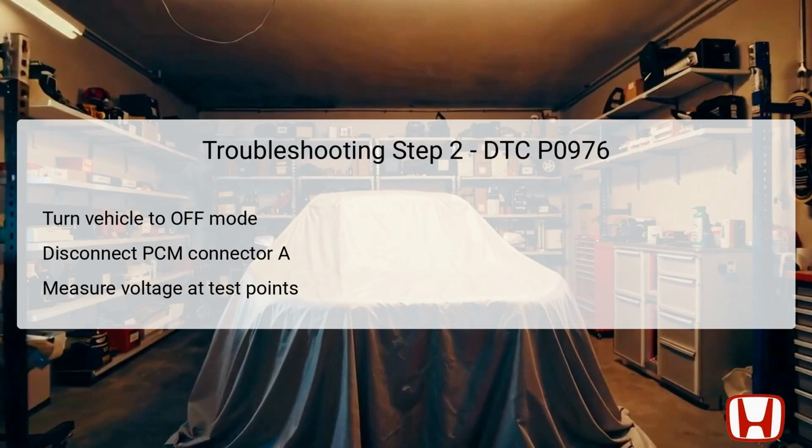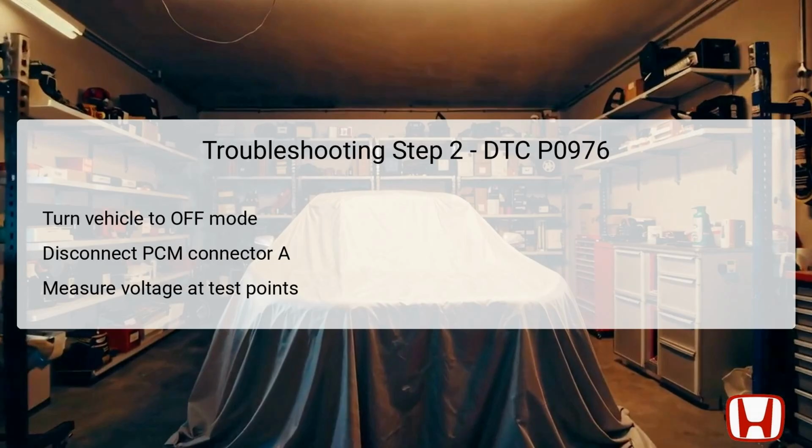Then, turn the vehicle to on mode again to activate the electrical systems. At this point, measure the voltage between the two specified test points to ensure that there is battery voltage present. Test point 1 is PCM connector A, pin 11, and test point 2 is body ground.